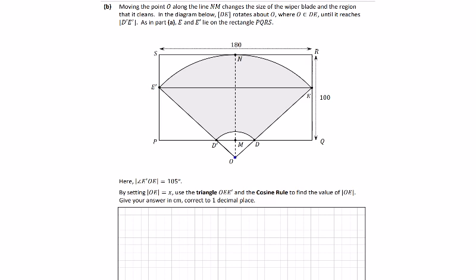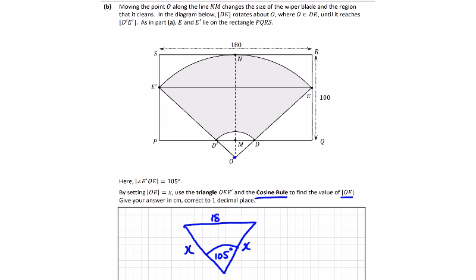Moving to point O, so moving this point changes things. So by setting OE as x and using the cosine rule, find the value of OE. Okay, well, let's have a look here at their diagram. OE and OE prime are the same, they're x and x. It tells us the angle E prime OE, so in here, is 105, so that does set up the cosine rule.